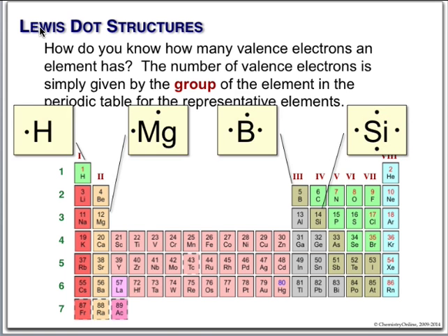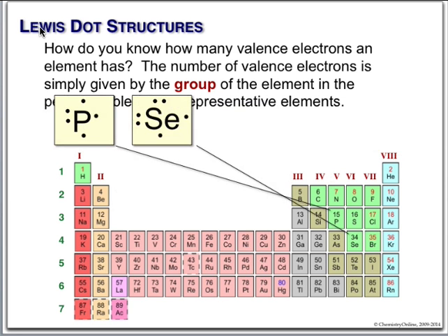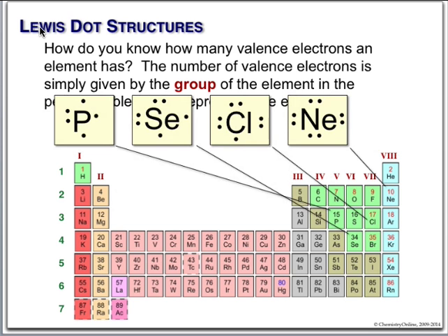Hydrogen, 1, magnesium would be 2, boron 3, here we're at silicon, group 4, we have 4 electrons. Phosphorus is going to be 5, selenium here is 6, chlorine is 7, and these guys, the noble gases, will have complete shells. So this has a full set of 8. All right.